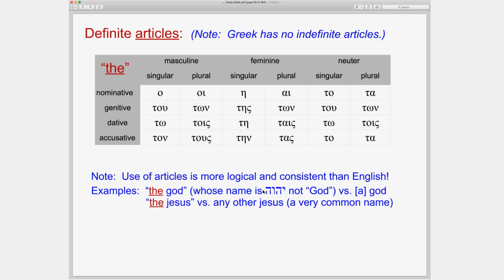But if you don't use any, then it becomes a name. So, for example, consider the following sentence. I have a cat, and the cat's name is Cat.